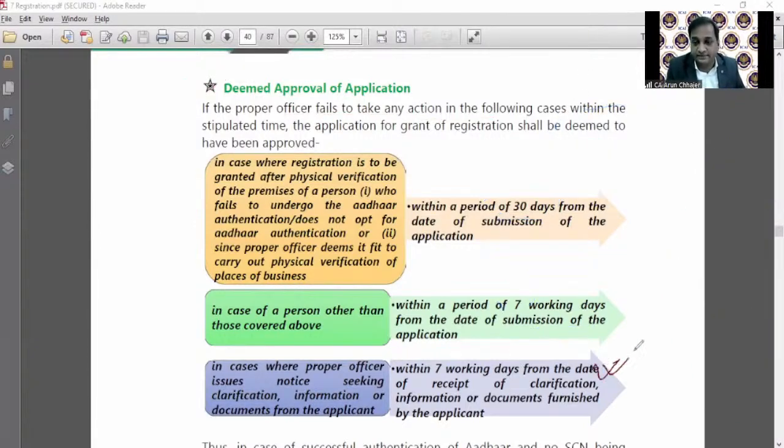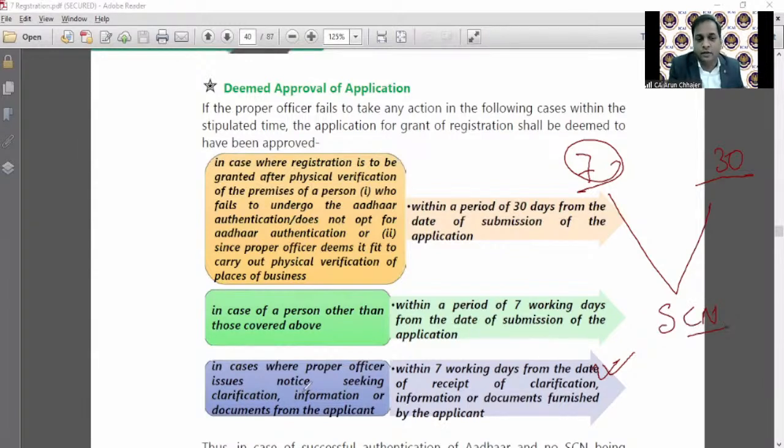Now, suppose I have applied with the Aadhaar authentication or without it, and within 7 days or within 30 days, the officer has raised a notice. The officer has objected that this is not properly filled, or has a doubt with respect to the address proof, identity, etc. When the notice is served, I will give the clarification.